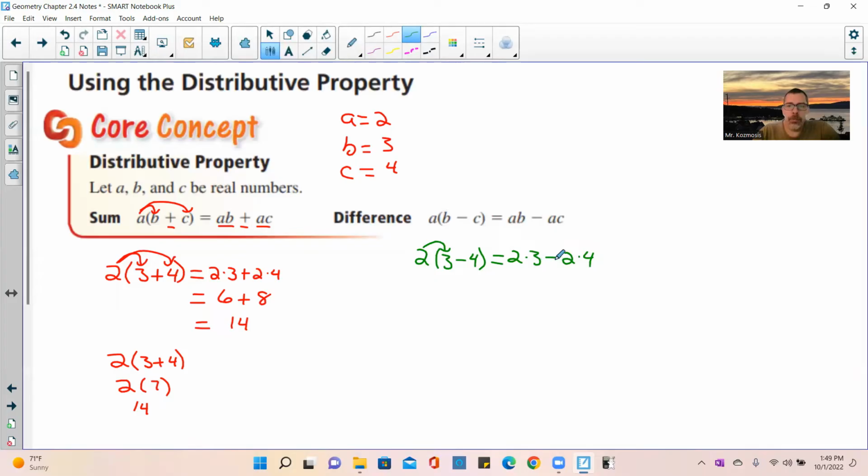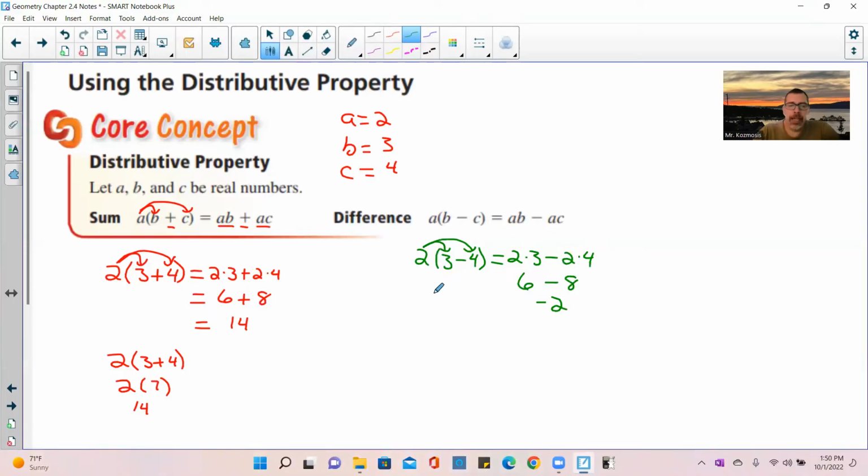The sign comes over here because 2 is positive, and a positive times a negative is a negative. And then we distribute the 2 times 4, and we just write that over here. So it's just simply this times this minus this times this. 2 times 3 is 6, minus 2 times 4, which is 8, giving me -2 if I were to simplify that.